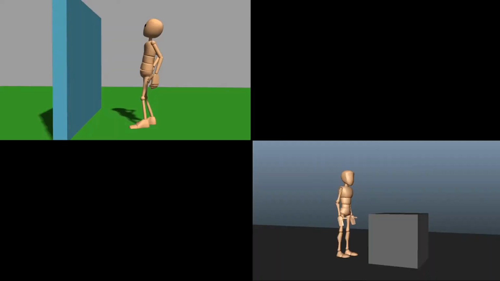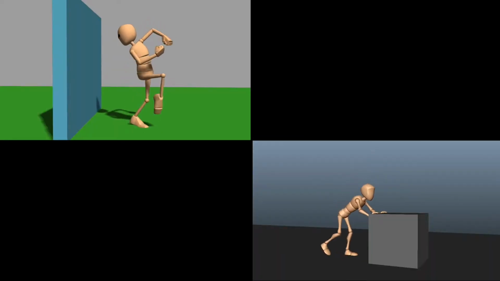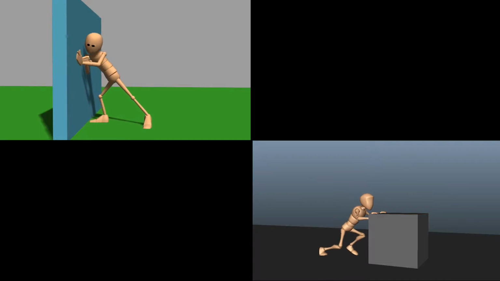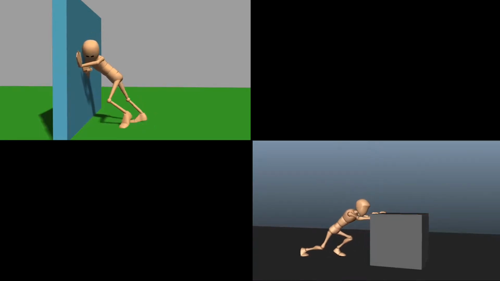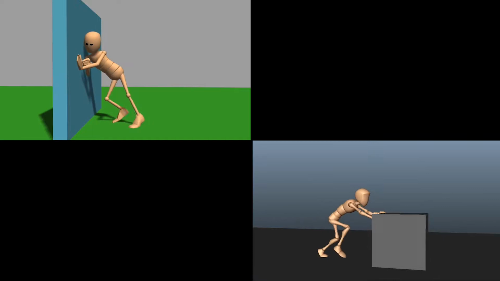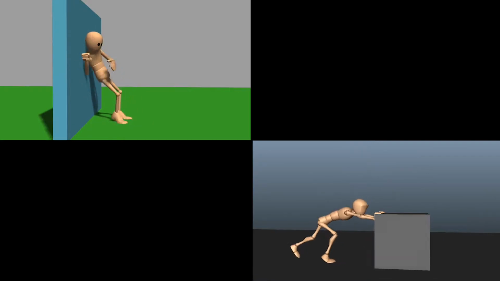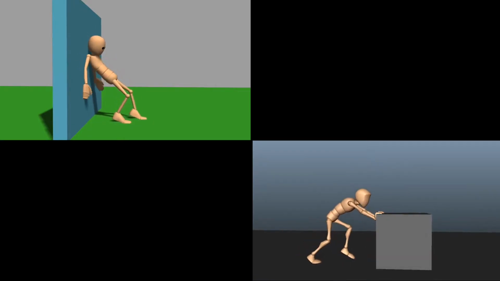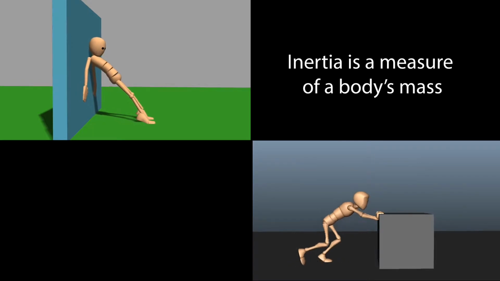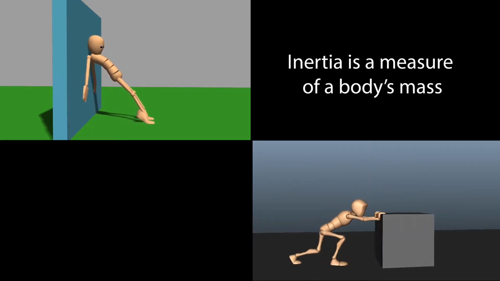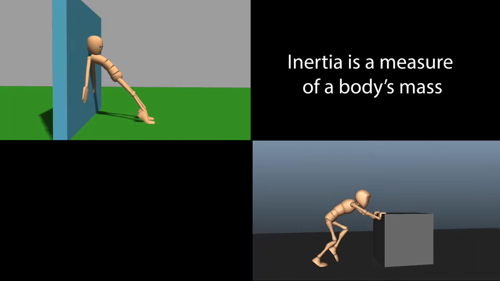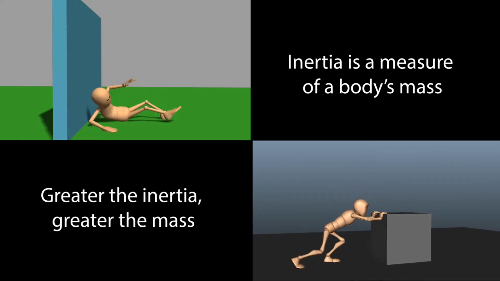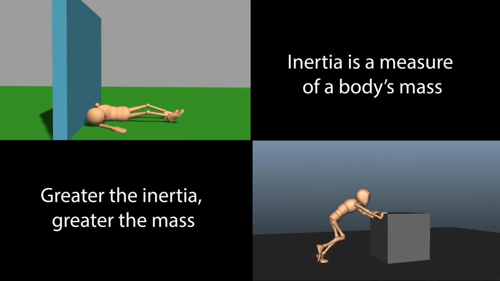So, if you have two boxes with different masses, you will observe that the box with a greater mass will require a greater force to move or stop. Hence, it has a greater tendency to resist an external force. This means that inertia is a measure of a body's mass. Greater the inertia, greater is the mass.